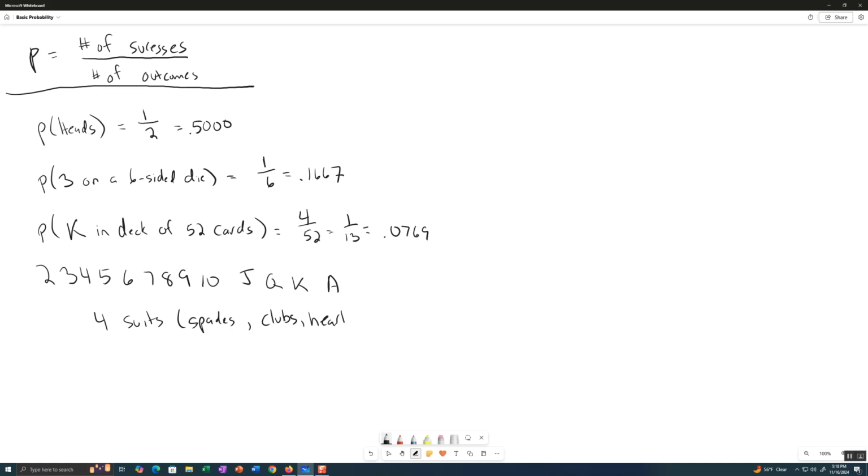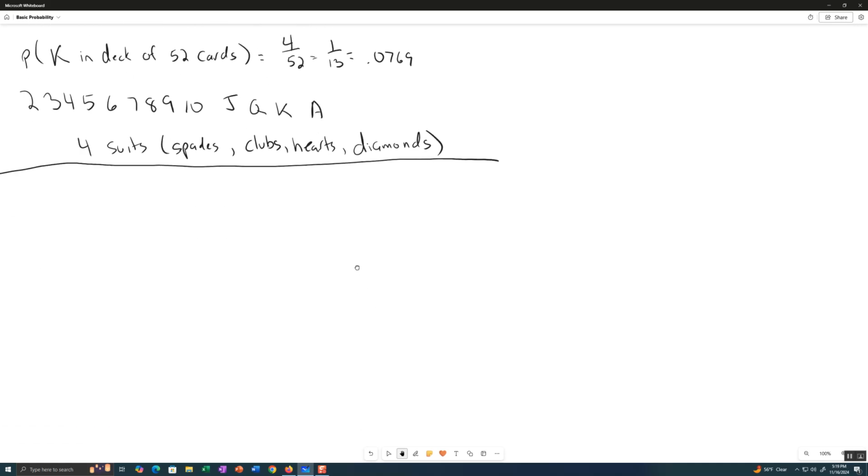Hearts, which is red, and diamonds, which is red. So there's 52. 13 cards in each suit times 4 suits gives you 52 cards. Half the cards, spades and clubs, are black. Half the cards, hearts and diamonds, are red. If you're not familiar with cards. Some people aren't. So let's go look at some of these more complicated problems now, like the addition rule.